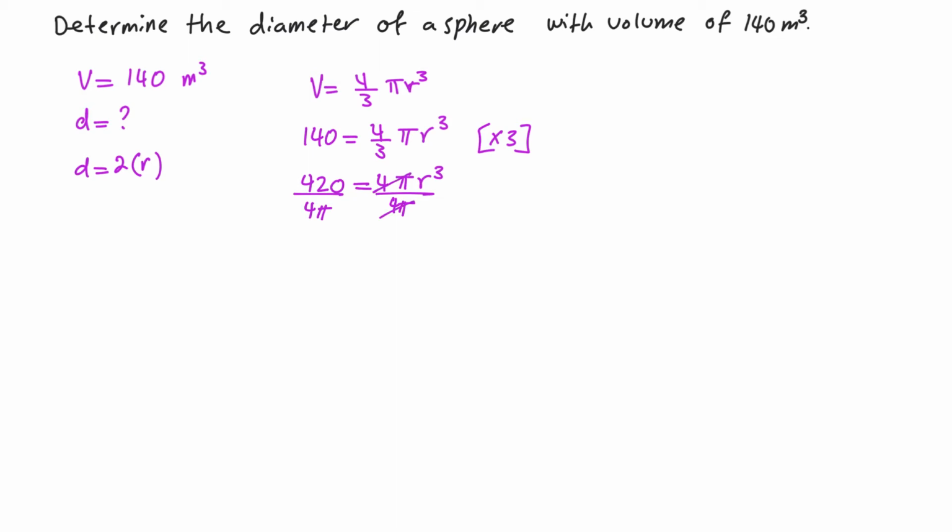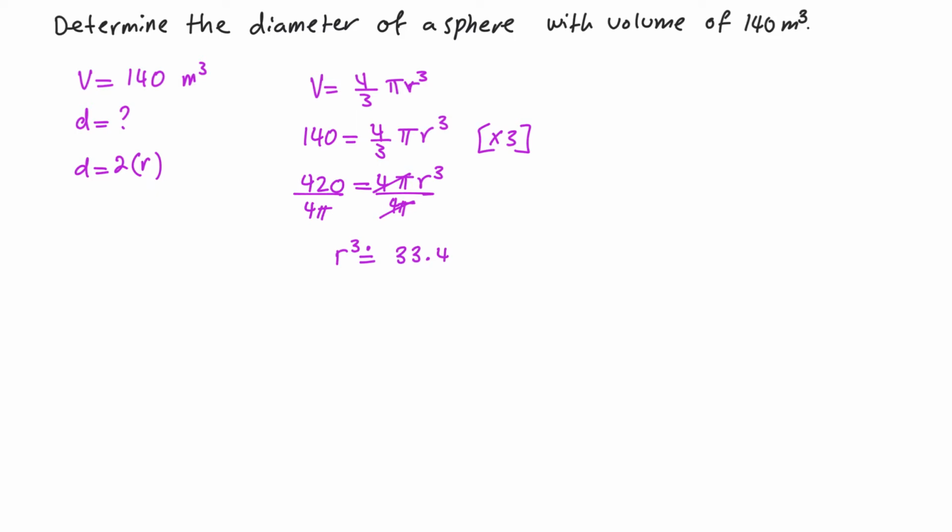And I will be left with r cubed is equal to, and I'm going to use my calculator for this. And when I divide it on my calculator, I will get r cubed to be approximately 33.4. And there's more significant figures, but I'm just leaving my answer in 3 significant figures for now.